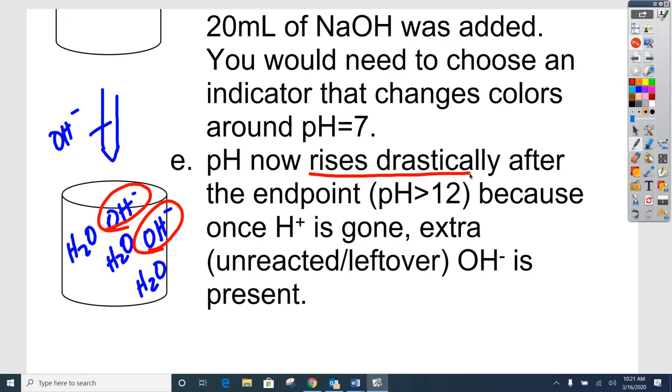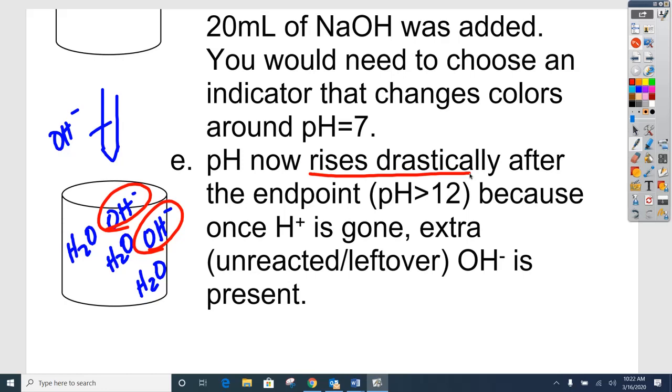You should now understand why in all of the titration labs we've done so far, you add just a teeny tiny bit and you see a drastic change in your pH. It's because you go from strong acid to the equivalence point, and if you add anything else after the equivalence point, you now have strong base present in that container. For this example, of course, you could flip everything based on what's in the beaker and what's in the burette.